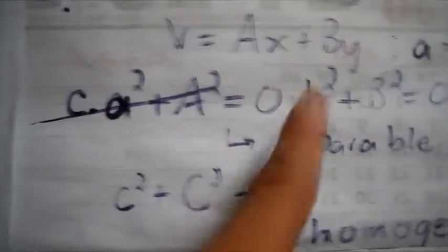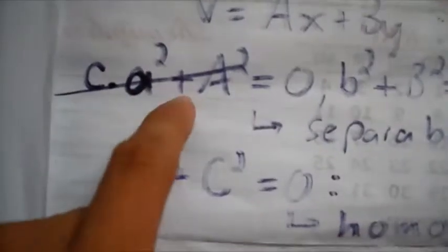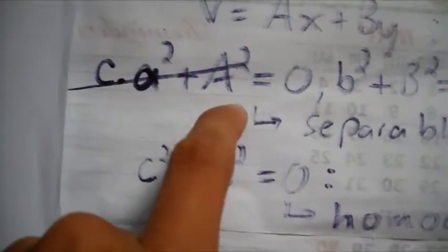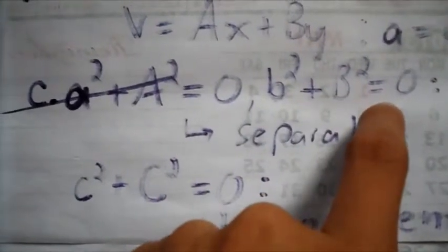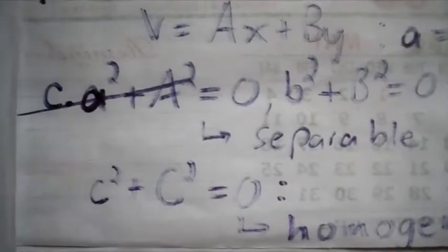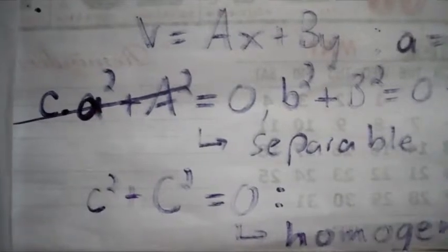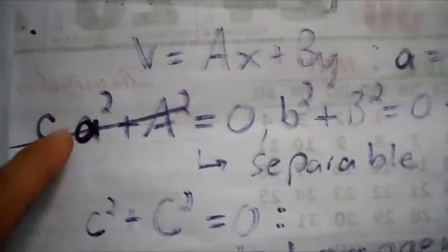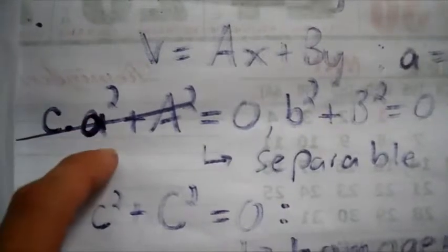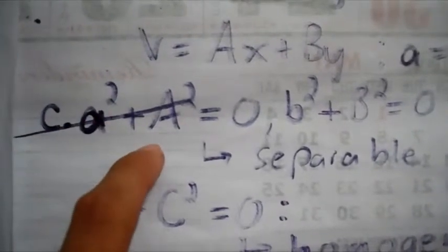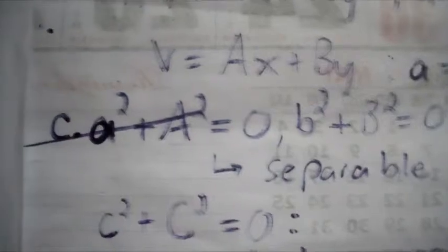We can see that these terms can only become 0 if a and A are equal to 0 and b and B are equal to 0, since there are no values of any number that when squared will turn out to be a negative number, so it has to be positive, and the only way to make it 0 for this equation is that every term is equal to 0.